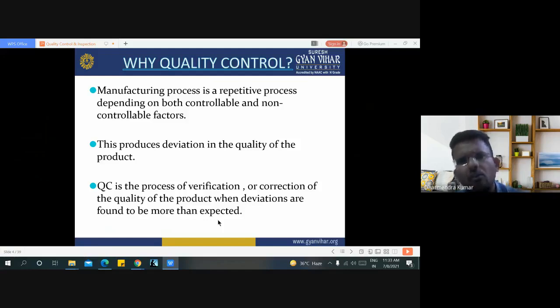This is the overall process of quality control: the changes made for the deviation in the characteristics from what we described or planned earlier.